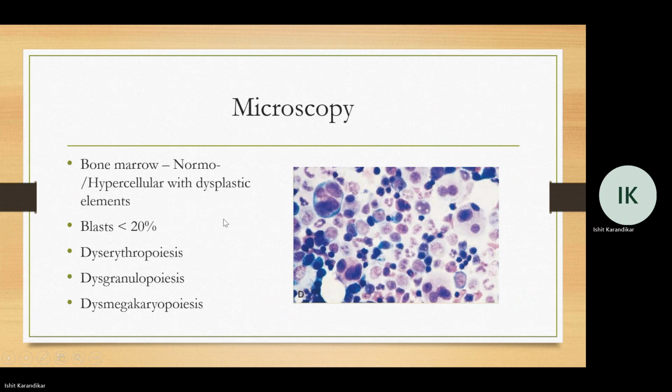Now, the cells themselves are bigger in nature. If you see this cell right here, that's a dysplastic cell. They have a higher mean corpuscular volume because, as you know, as these cells mature, they become smaller in size.